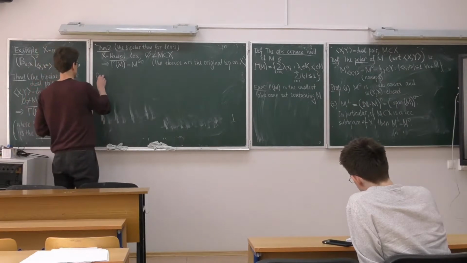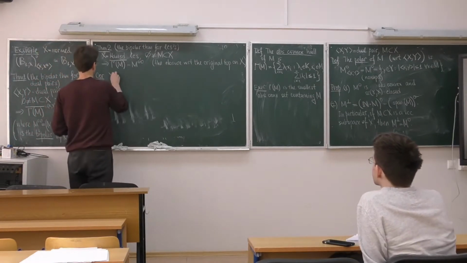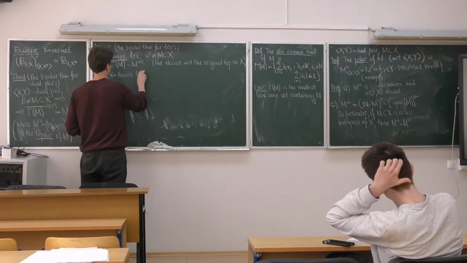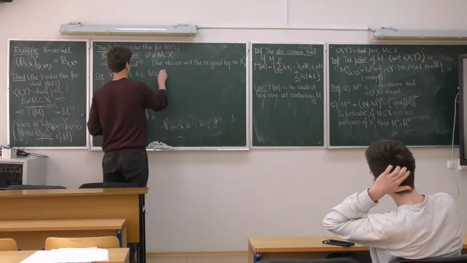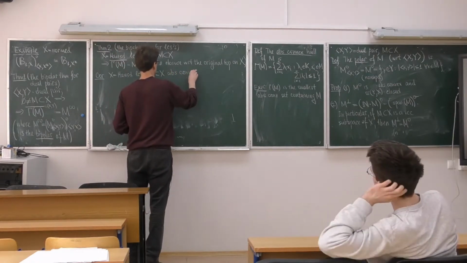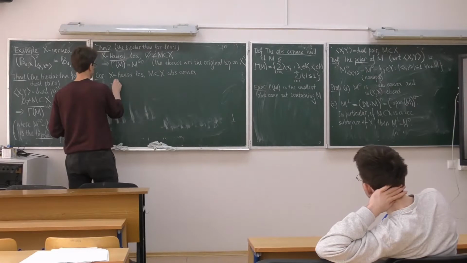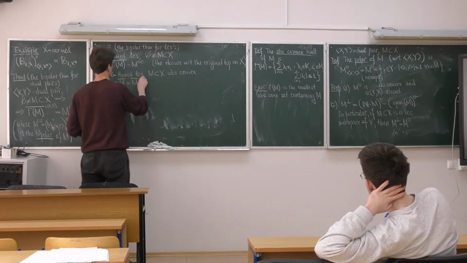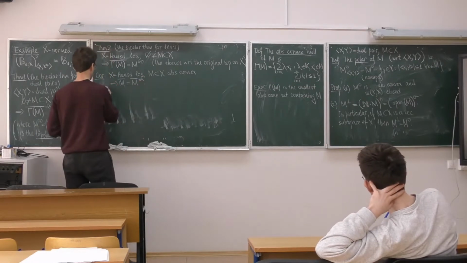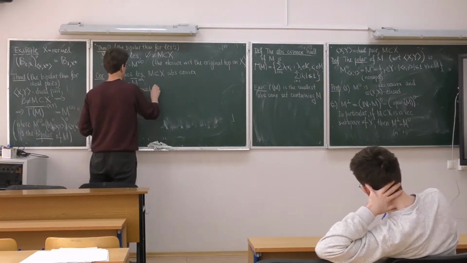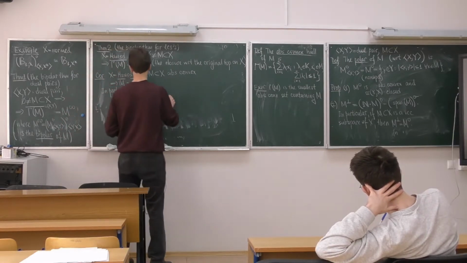So as a corollary, we see that if X is a Hausdorff locally convex space and M is an absolutely convex subset, then the closure of M is equal to the weak closure of M. So in particular, M is closed if and only if it is weakly closed.